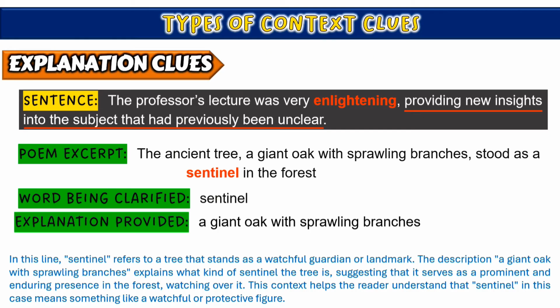The description, a giant oak with sprawling branches, explains what kind of sentinel the tree is, suggesting that it serves as a prominent and enduring presence in the forest, watching over it. This context helps the reader understand that sentinel, in this case, means something like a watchful or protective figure.